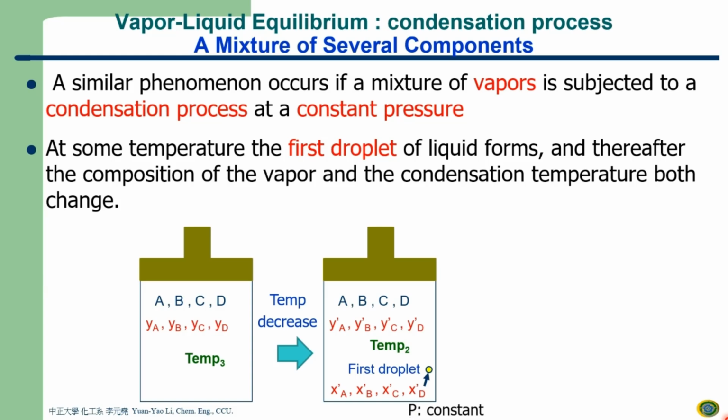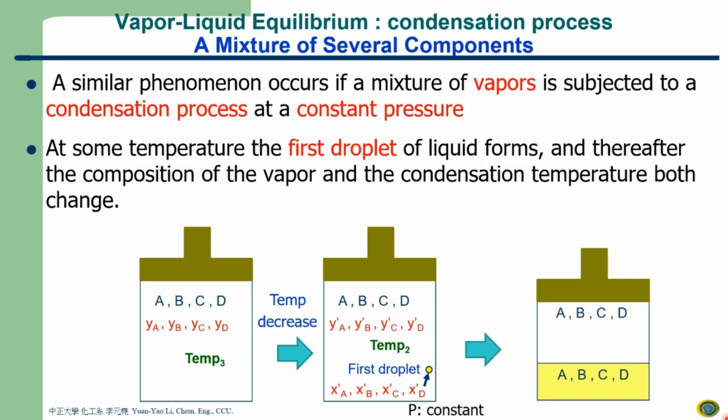Okay, again, we keep the pressure as a constant. So if we decrease the temperature more, then we will have more liquid formed, right? Okay. So let's say temperature 1, and we have different composition in liquid phase and different composition in gas phase.